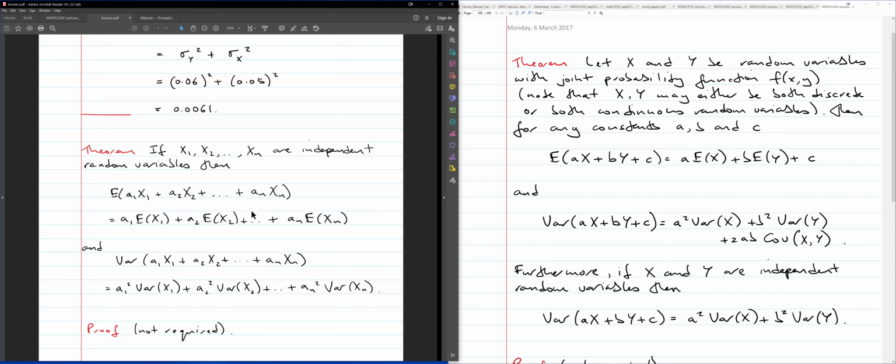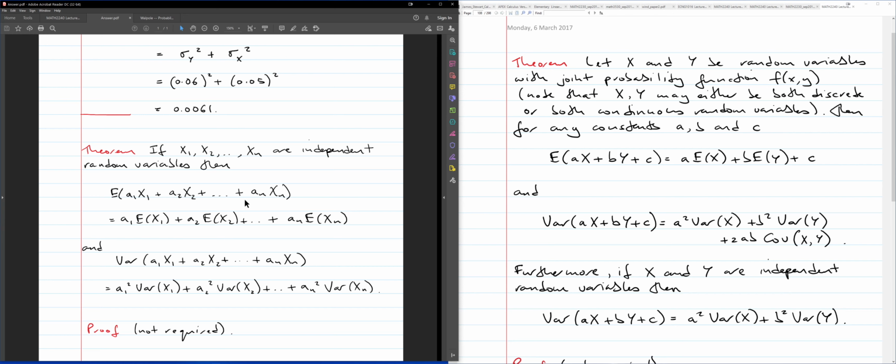Okay, so this is in the case of when you have two variables, x and y. But you could have more than two random variables. You can have up to n random variables over here. And now what we want to do is consider a linear combination of the random variables, like how over here this was a linear combination of x and y. A linear combination means you take x and multiply it by a constant, you take y and multiply it by some constant, and you add them.